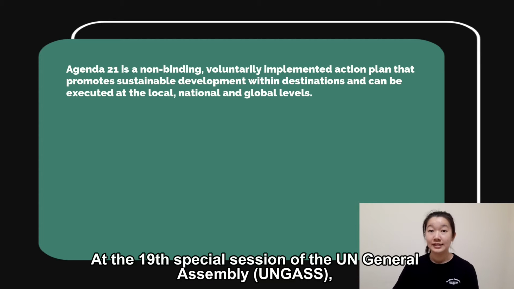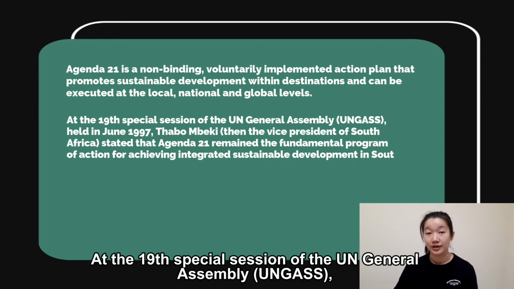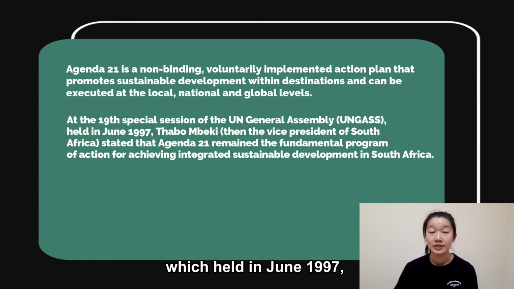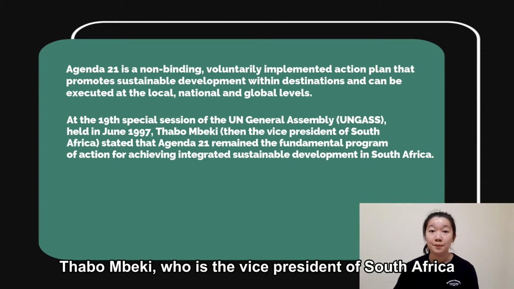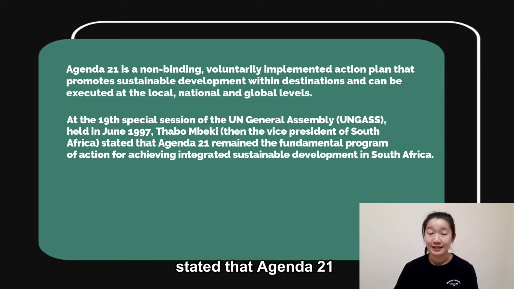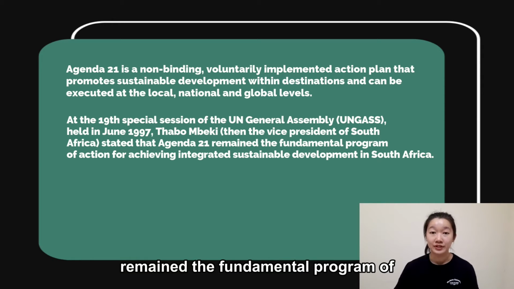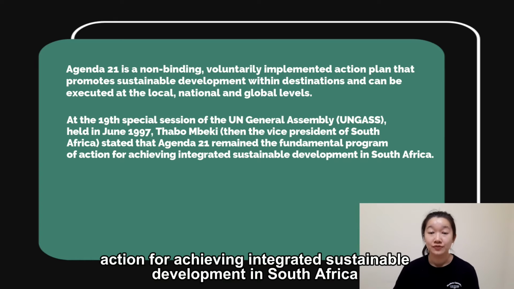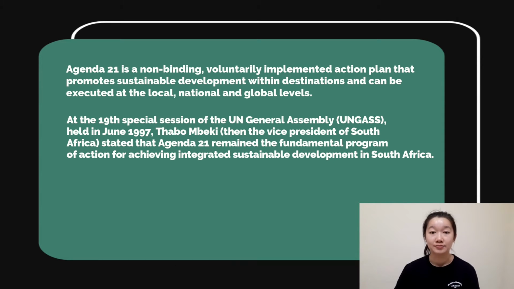At the 19th Special Session of the UN General Assembly, held in June 1997, Thabo Mbeki, who was the Vice President of South Africa, stated that Agenda 21 remains a fundamental program of action for achieving integrated sustainable development in South Africa.